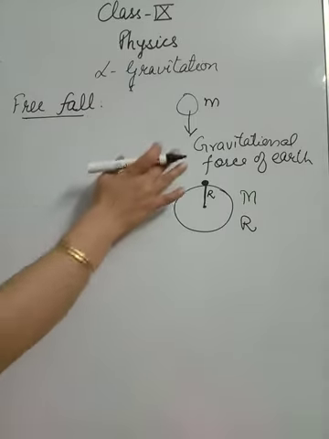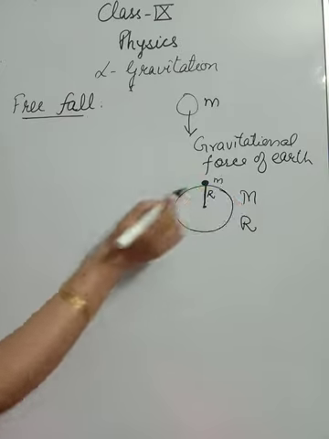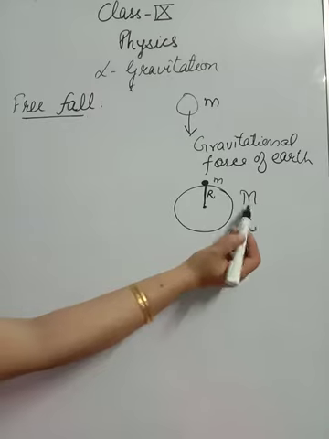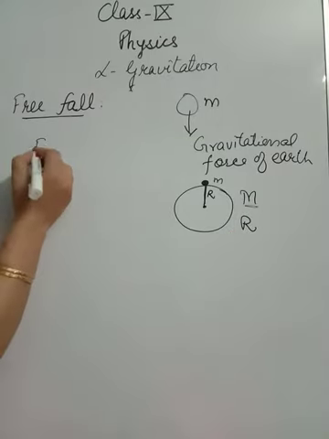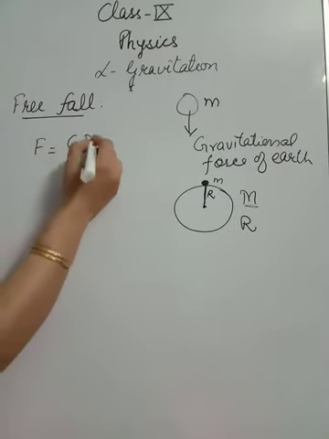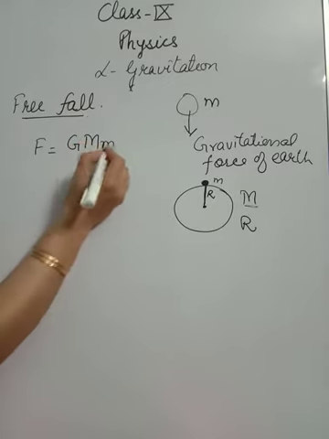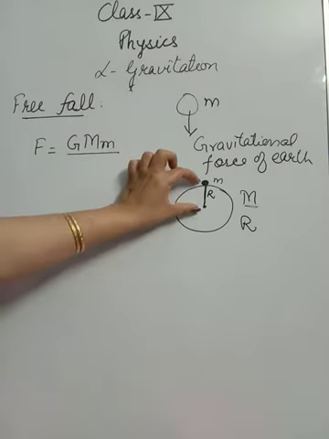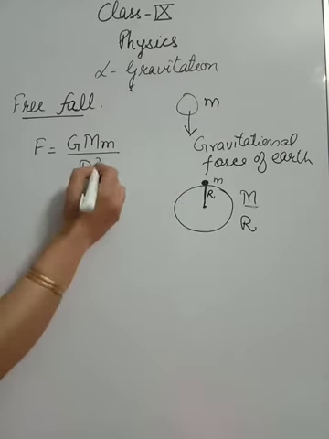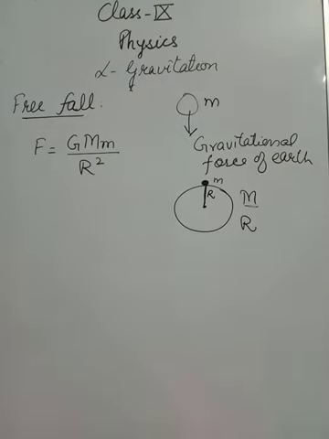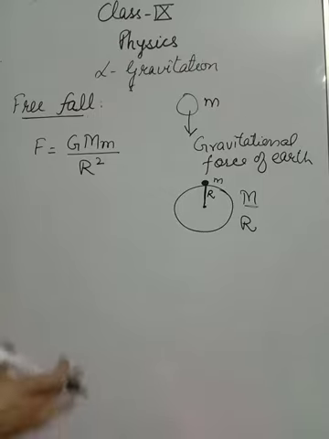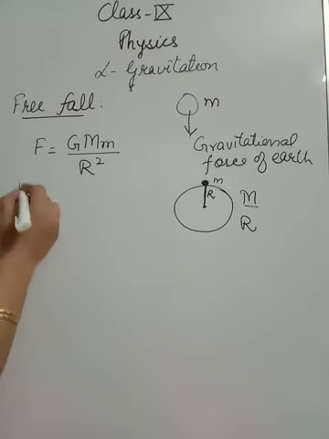Okay, so the gravitational force between this small mass m and the earth having capital M as mass will be equal to G times mass of earth into mass of the object upon the square of the distance between the two objects, so this is GMm upon R square. Similarly, why any object is falling towards the surface of earth, this force is also called weight.